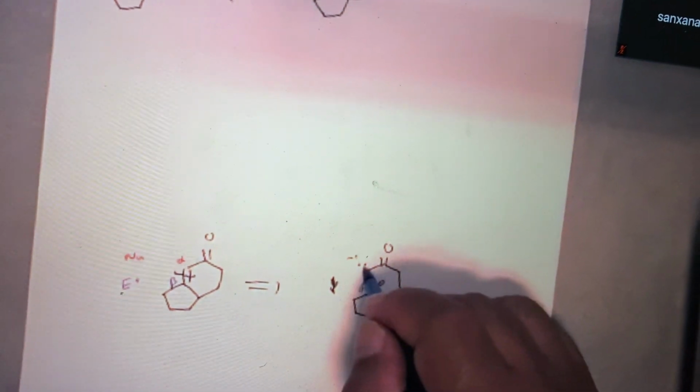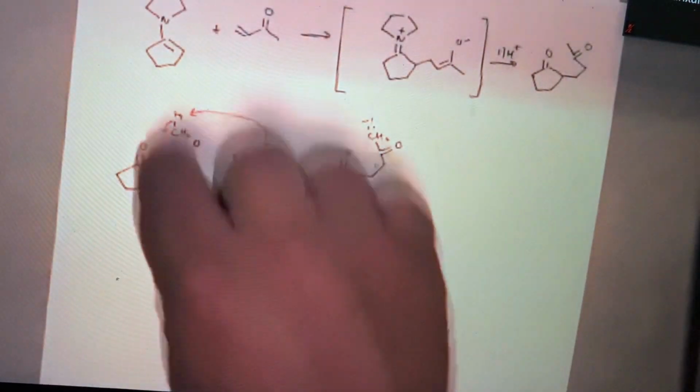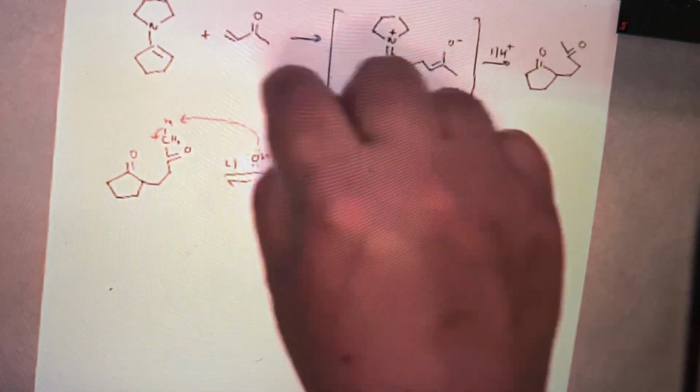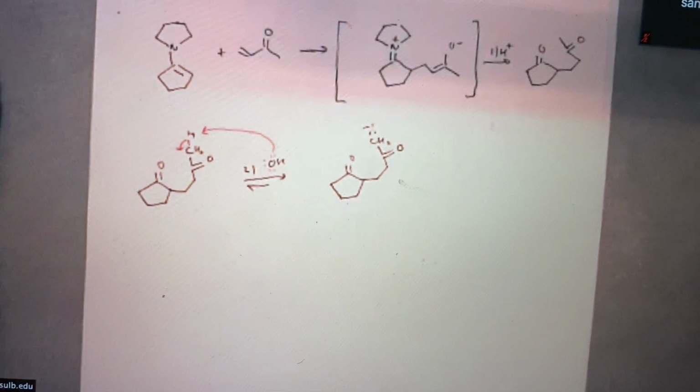So at some point, this carbon is going to attack that carbon. I knew that just by looking at this connection here. Okay? So the reason I started with this proton is I knew that's the enolate I need, right? That's what I have here.